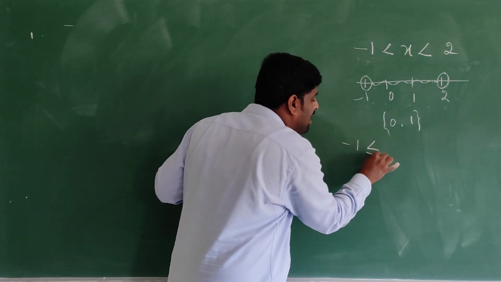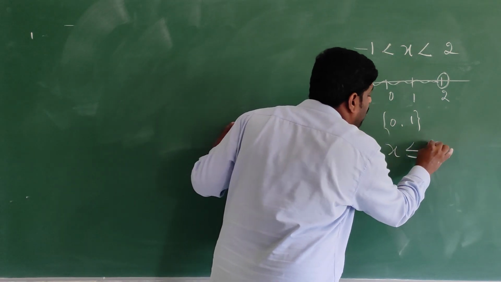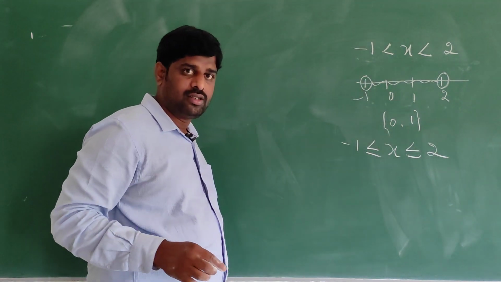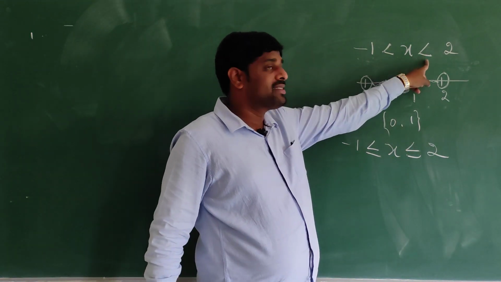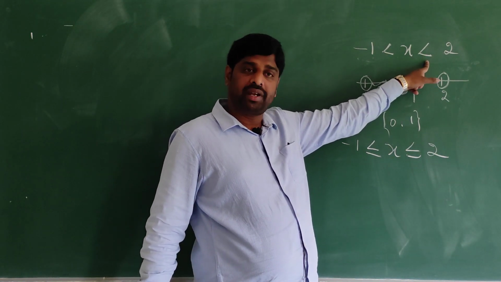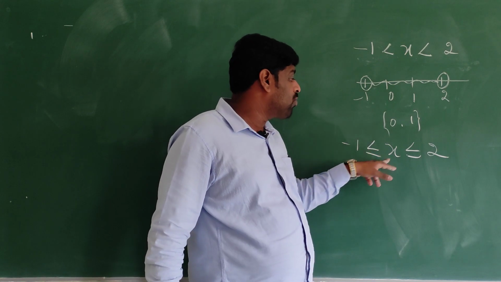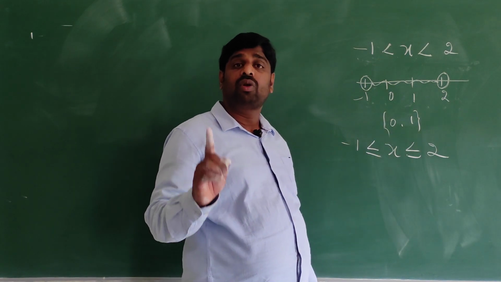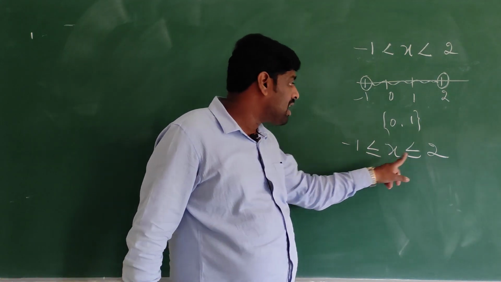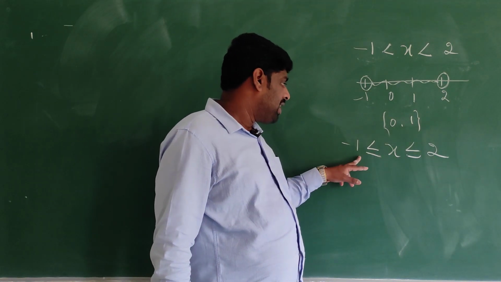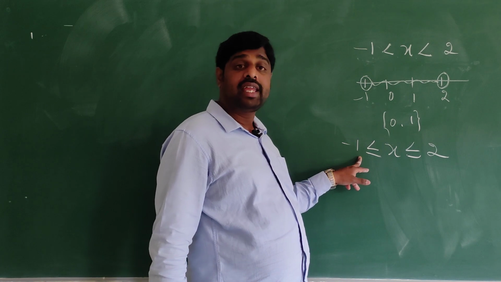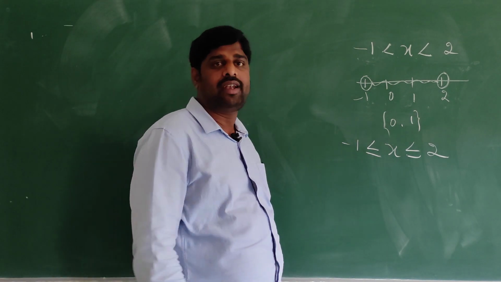Minus 1 less than or equal to x less than or equal to 2. Students, already I told you, only less than means an open interval. Less than or equal to means a closed interval. Here less than or equal is there, so it is a closed interval. So the interval contains the end points, including the end points.